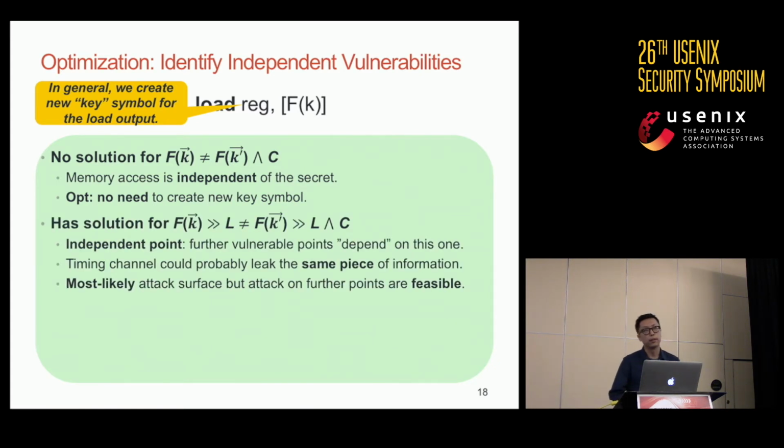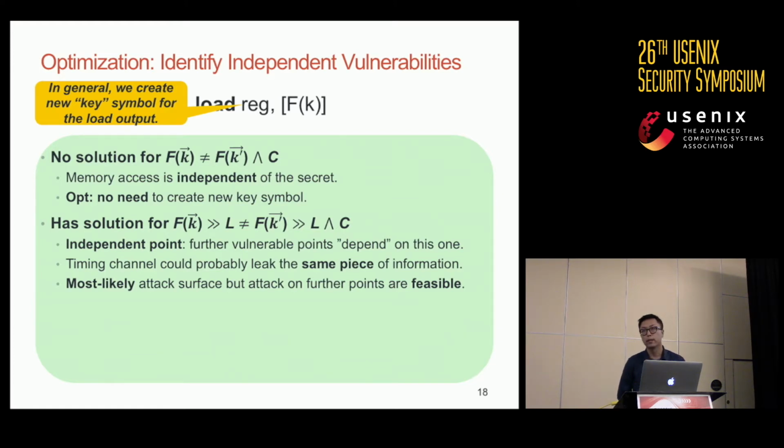The next situation is that there's some solution for the cache line access model we are checking. Essentially, this point will be considered as a vulnerable point regarding our threat model, and we name this one the independent vulnerable point. Some further vulnerable points will be considered as dependent on this one.